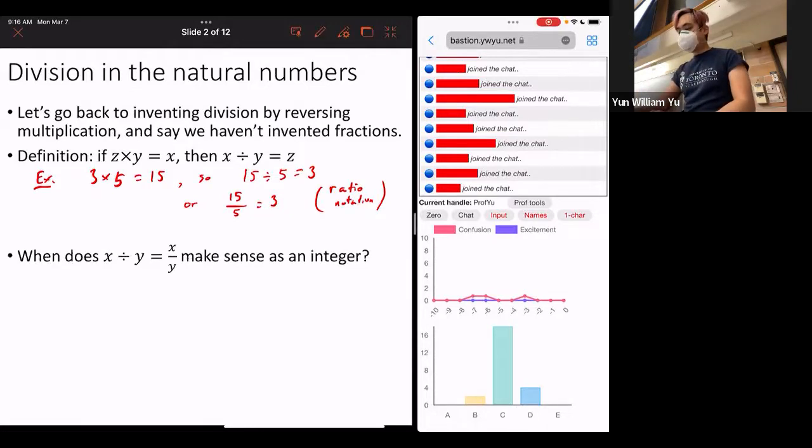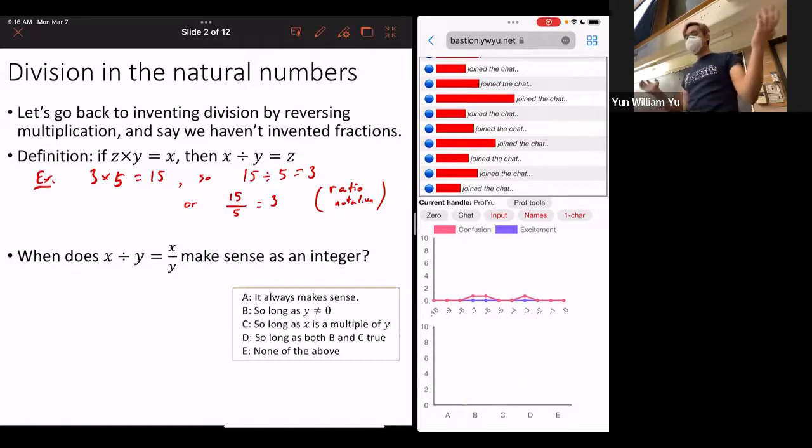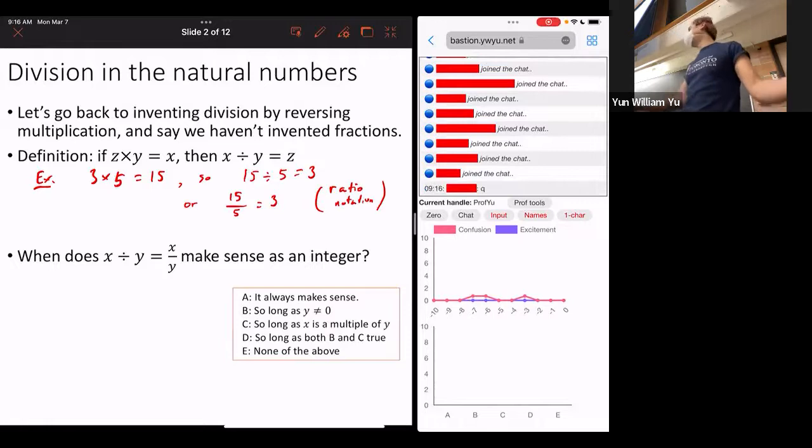So this should be a relatively easy question. When does x divided by y make sense as an integer? This is one of the things we covered early on. When does it make sense? Does it always make sense, or does it only make sense under certain conditions?